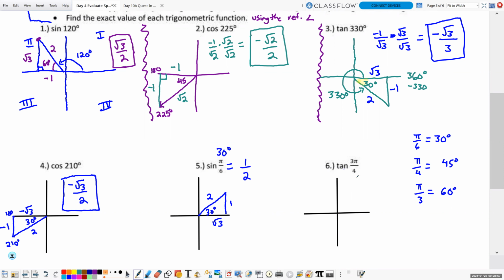But here's what I mean about the converting. If you are not a radian thinker, if you're looking at 3 pi over 4 and you're like, I don't know what that is. I see that there are 3 pi over 4s. So real quick, 45 and 45 is 90, plus another 45 is what? Okay, I can think about 135. That makes sense to me. All right, so now 135.